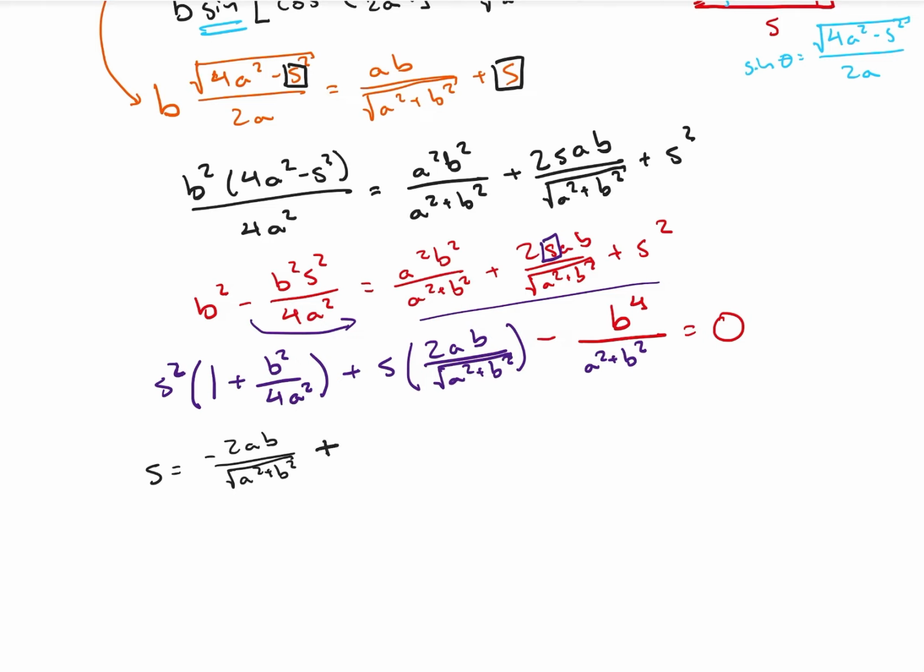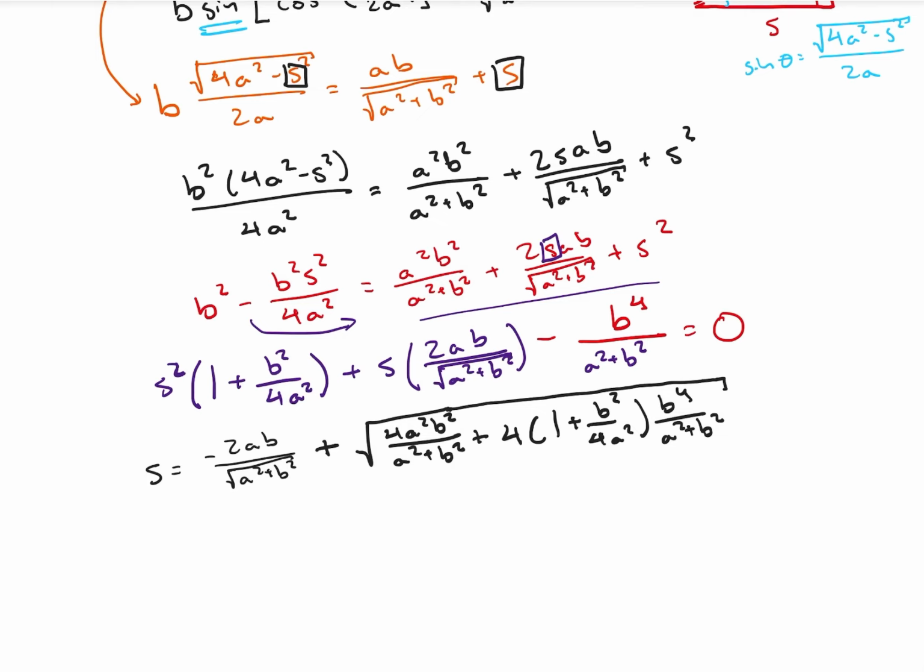So this is going to be plus the square root of b squared, which is 4a squared b squared divided by a squared plus b squared, minus 4ac, so minus 4 times 1 plus b squared over 4a squared, times c, which is negative, so I'm going to have a plus there, b to the fourth over a squared plus b squared. That whole thing is under the radical.